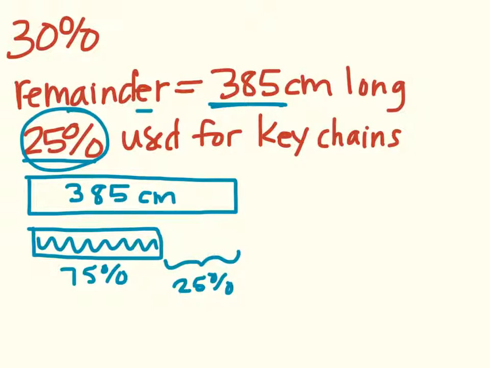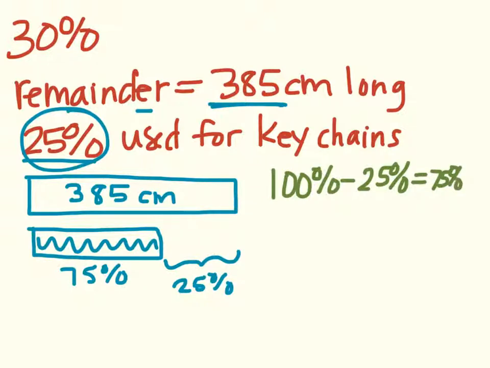All right, so let's once again write mathematically what we just drew a picture of. We're going to begin with 100%. We're going to use 25%, leaving us with 75%. If 385 centimeters equals 100%, we want to know what 75% of that 385 would be.